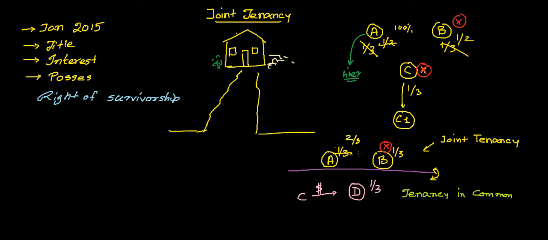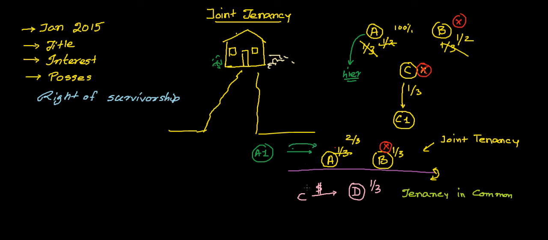So because A and B are in joint tenancy, if B dies, A becomes the owner of B's part, and A becomes the owner of 2/3 of that property. Now if A dies, then the heir of A, let's say A1, is going to be the owner of 2/3.